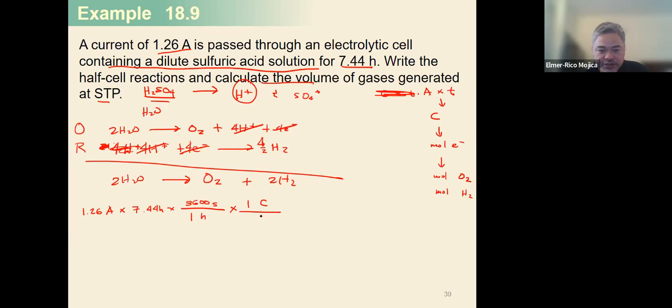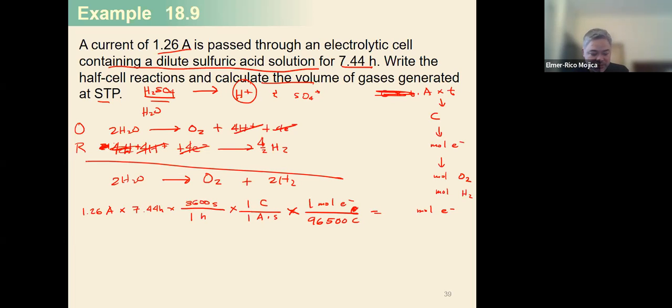For every 1 coulomb of charge, that really equals 1 ampere per second. And for every 1 mole of electrons, I have 96,500 coulomb. So I end up here with the moles of the electron based on the current that you apply there.